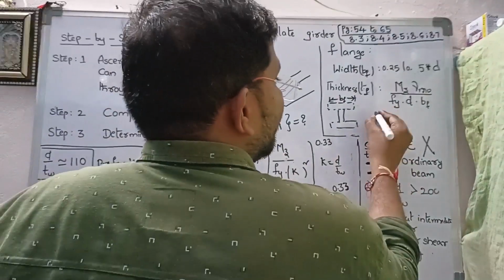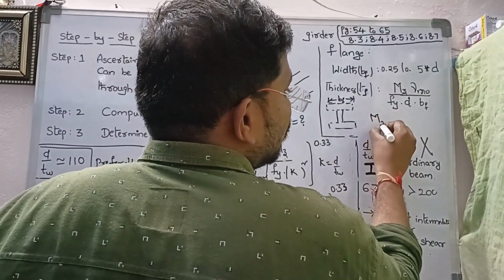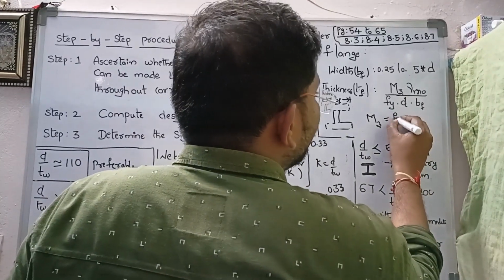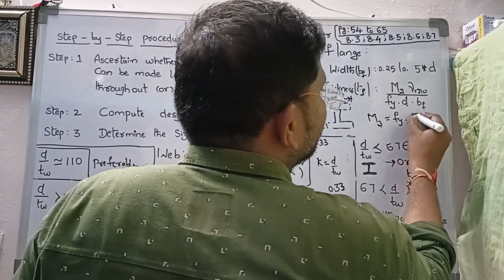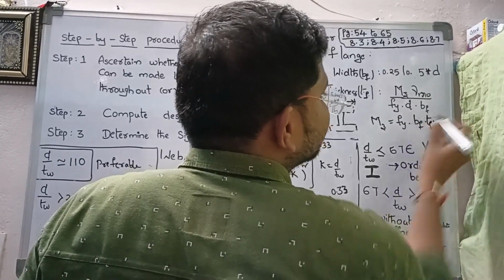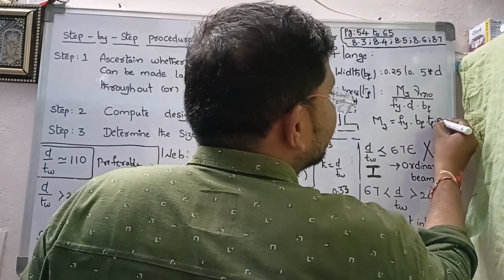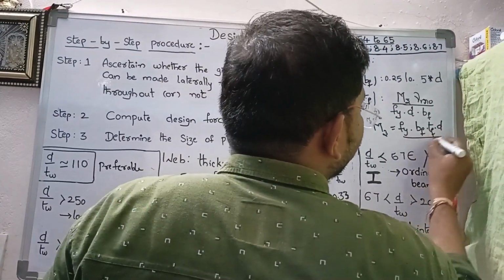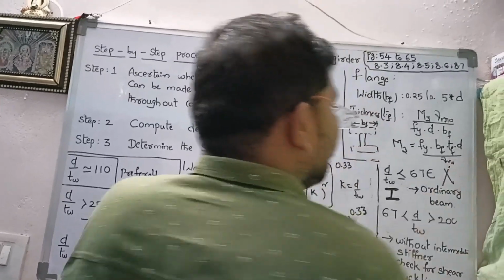That is, Mz is equal to Fy into breadth of the flange, thickness of the flange, and depth of the beam by gamma m0. This formula we know already.